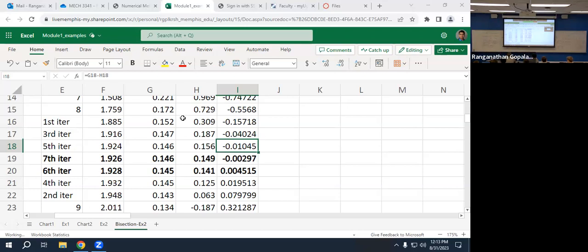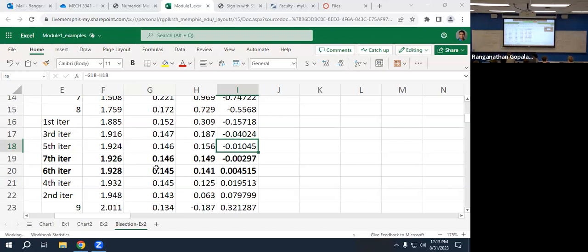All right, so you see here, you have your convergence, and this is your final answer. Any questions before we move on? Okay, so let me ask, are you comfortable with this method enough that we can go to the next technique, or would you like to see one more example? Okay.